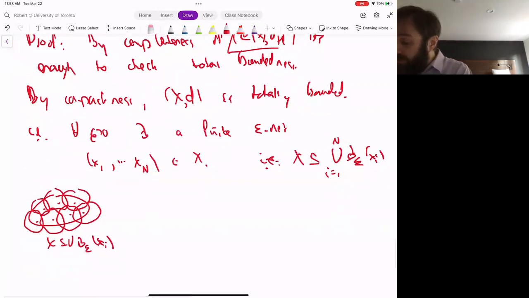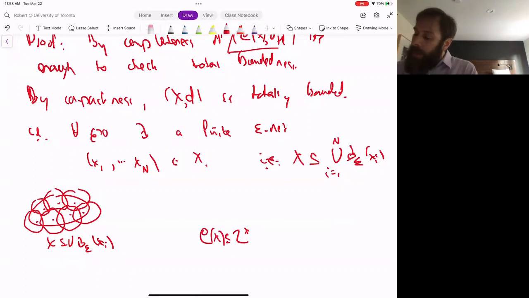And now I want to move to this much huger space, the closed subsets of X, rather. And I want to figure out how can I get a finite approximation in the Hausdorff metric to any closed subset of X.